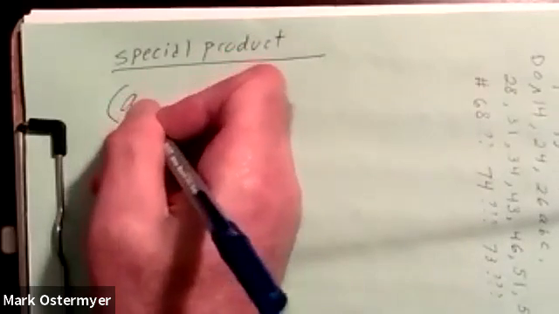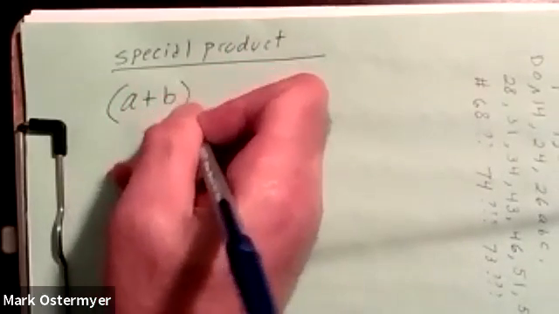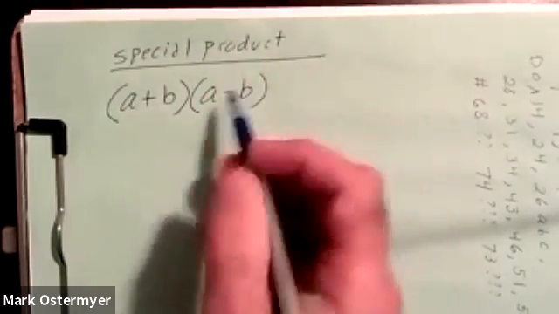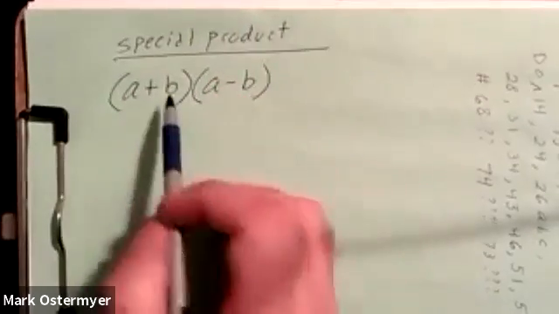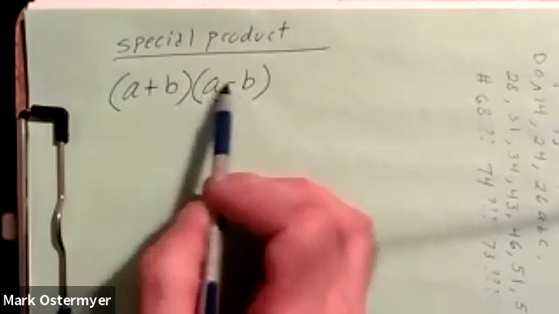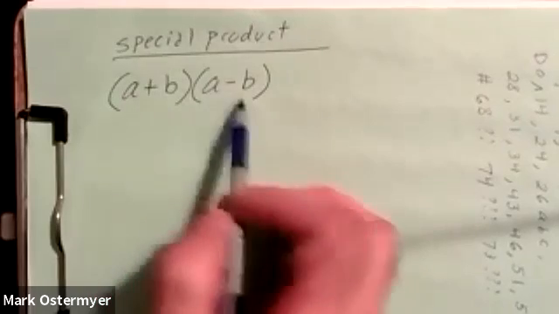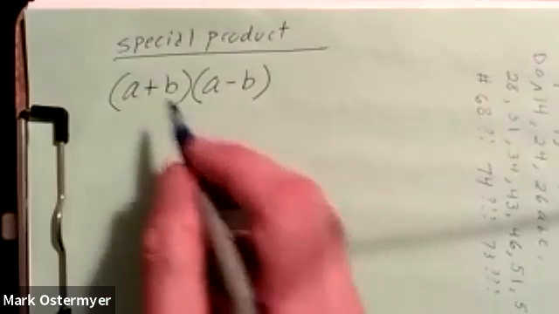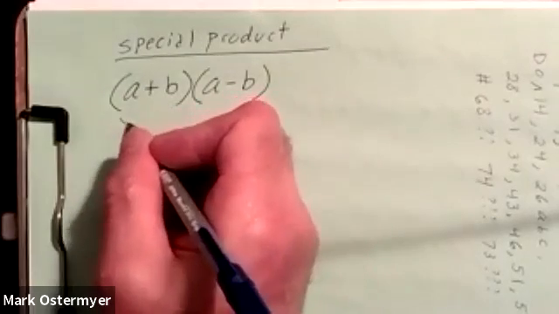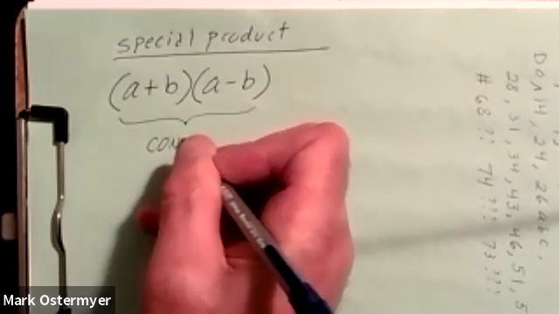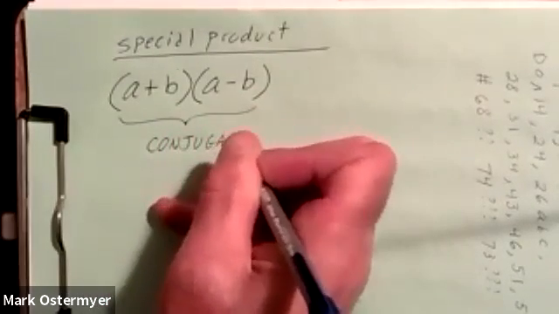When we multiply binomials together where the difference between the binomials is just the sign in between the terms. So this is a plus sign and this is a minus sign, or if you had the minus sign here and a plus sign here, it doesn't matter if these signs are switched. These binomials are called conjugates of each other. I'm going to write that word down. This is an important word.